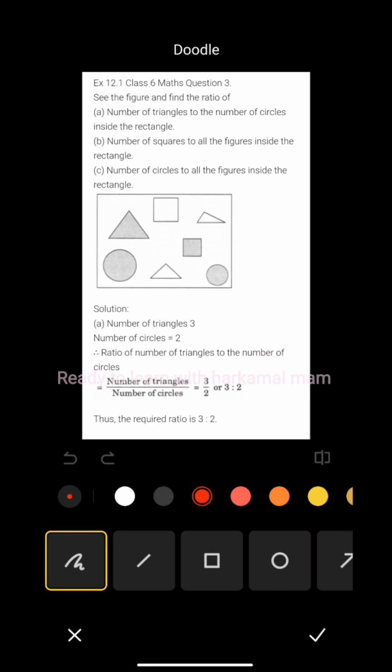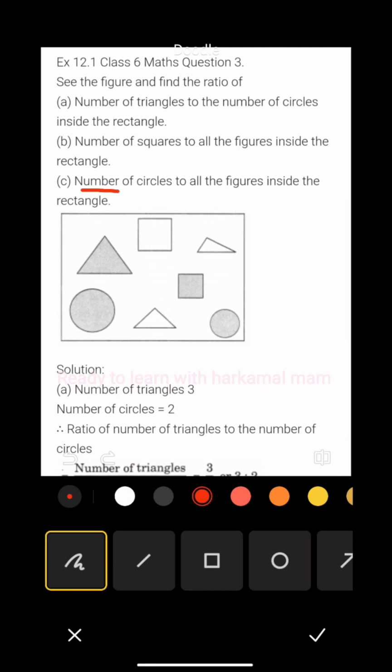So in the next part, what are they asking? They are asking to find the ratio of the number of circles to all figures inside the rectangle. We found how many circles there are? 1, 2, right? All figures inside the rectangle are 7. We have already found 1, 2, 3, 4, 5, 6, 7, right?